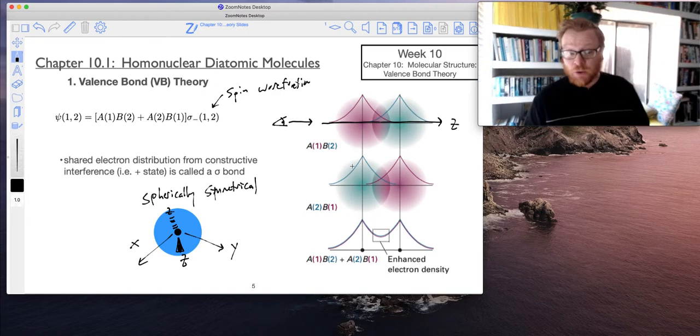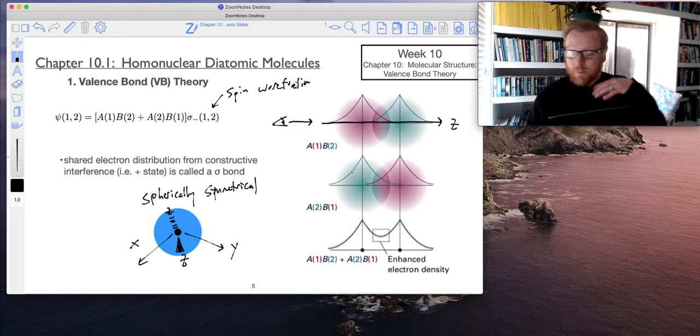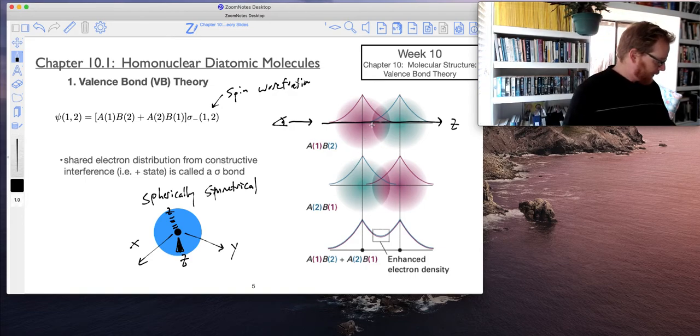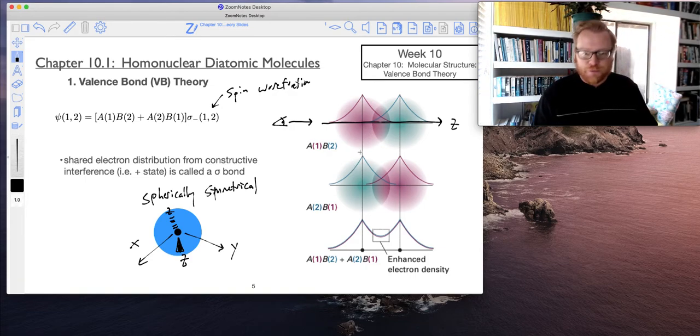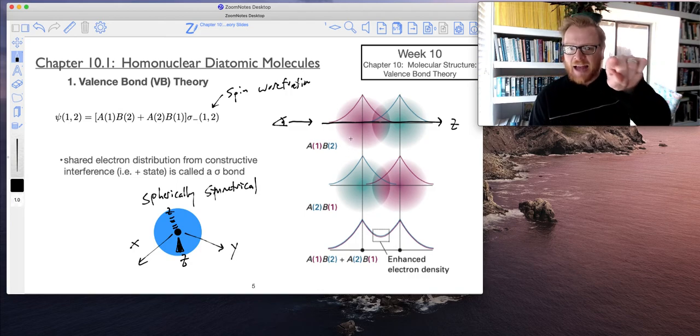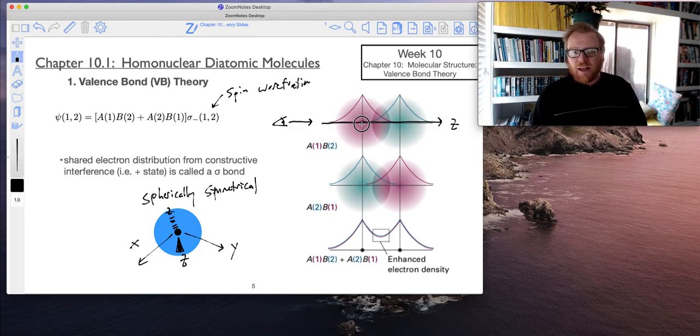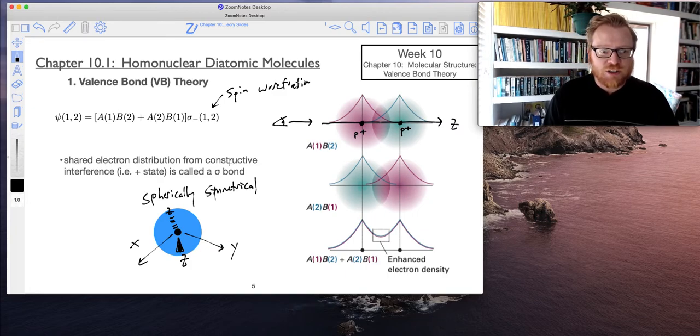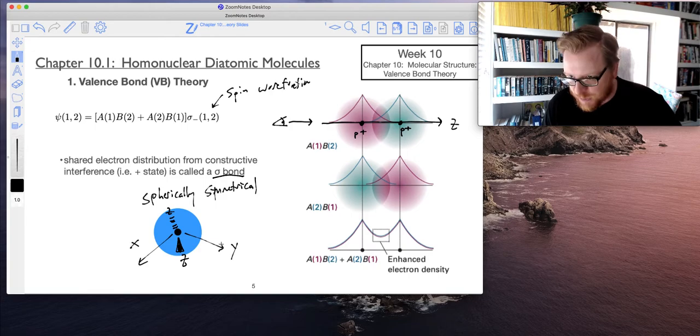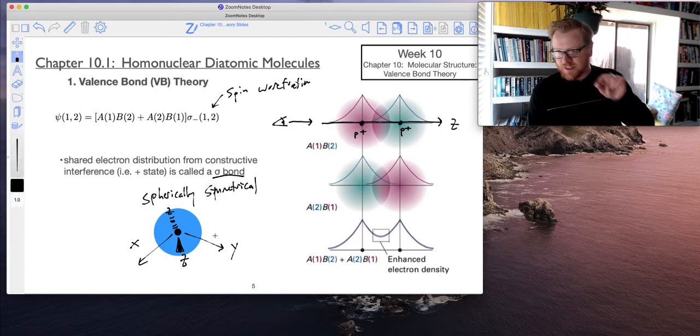So that's going to be special for not only valence bond theory, but also MO theory. We specifically define the internuclear axis, the region between the two protons, as the z-axis. And we're also going to come up with a new name for shared electron distribution that forms from constructive interference, and it's called a sigma bond if it's spherically symmetrical about the z-axis.